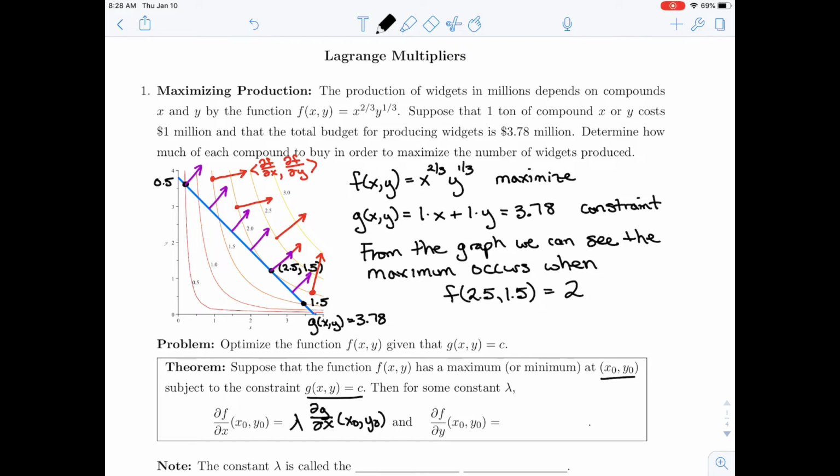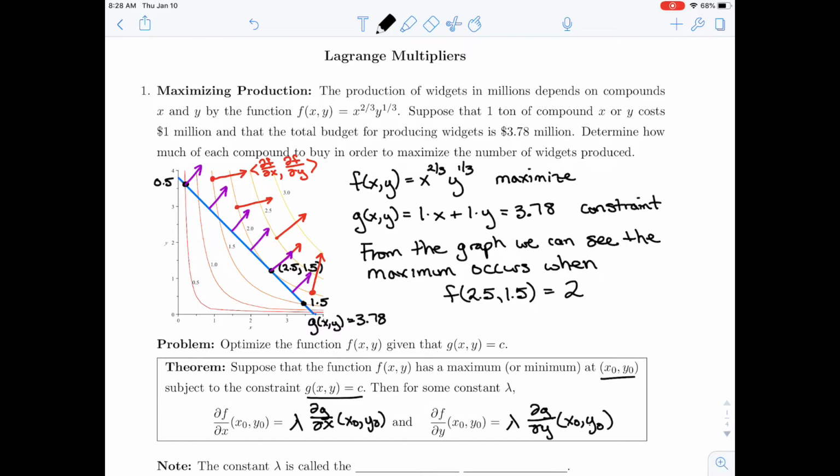And the partial derivative of f with respect to y needs to be a constant times the partial derivative of g with respect to y at that point.